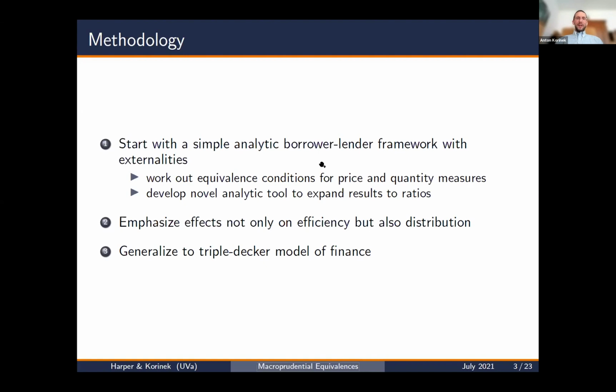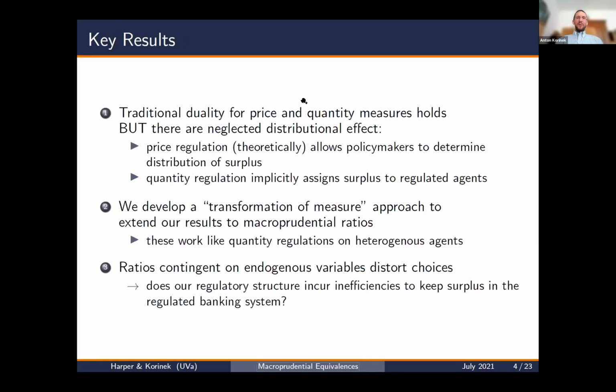So to just give a preview of our key results, we will show first that the traditional duality for price and quantity measures holds. It's not super surprising, but there are important distributional effects that are often neglected. Price regulation would theoretically allow policymakers to determine the distribution of surplus.